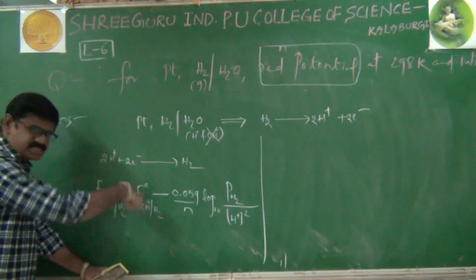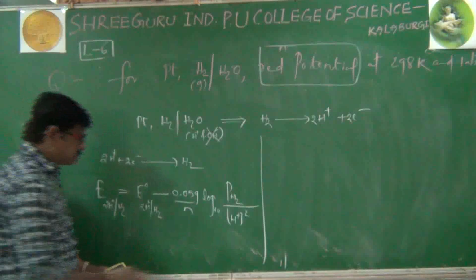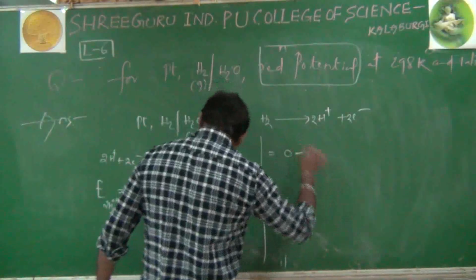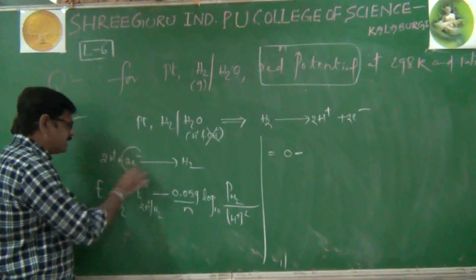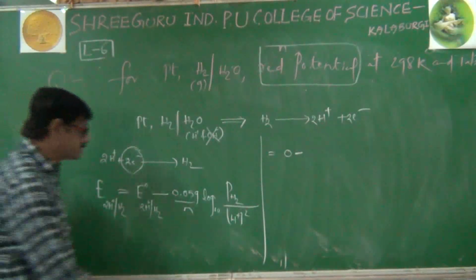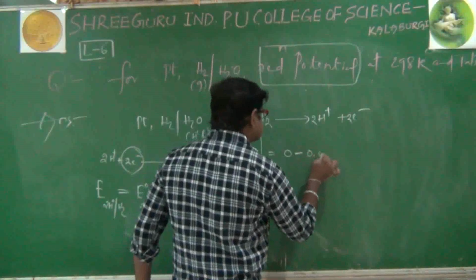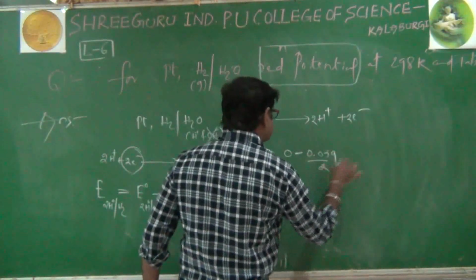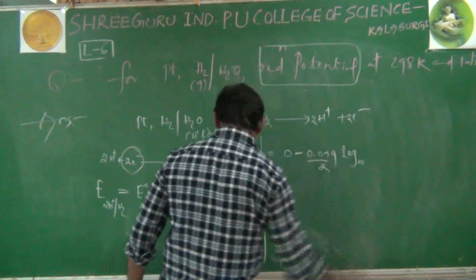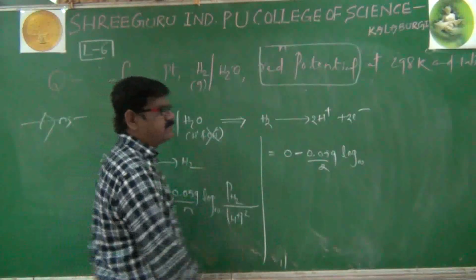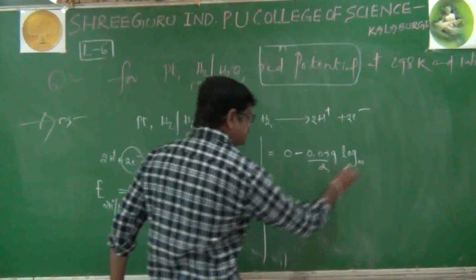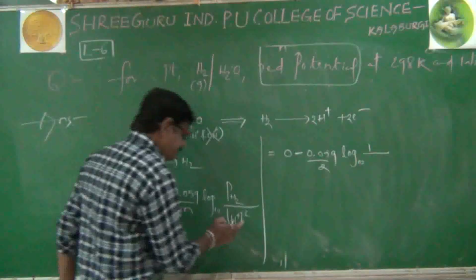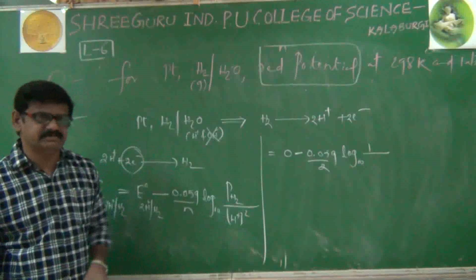Now E naught of H plus | H2 is of course SHE, whose value is already known to you, 0, minus 0.059 by n. How many electrons are involved here? 2 electrons. Therefore 0.059 divided by 2 log base 10 of the partial pressure of hydrogen, already given in the question itself, 1 atmosphere, divided by H plus squared.